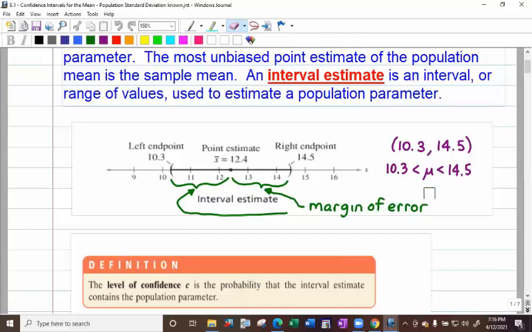So our interval estimate can be written one of two ways. It can be written in parentheses, or with the population mean symbol saying that we're between 10.3 and 14.5. Now, we're not doing proportions in this class, which we might have done in a second class, but you'll see proportions.